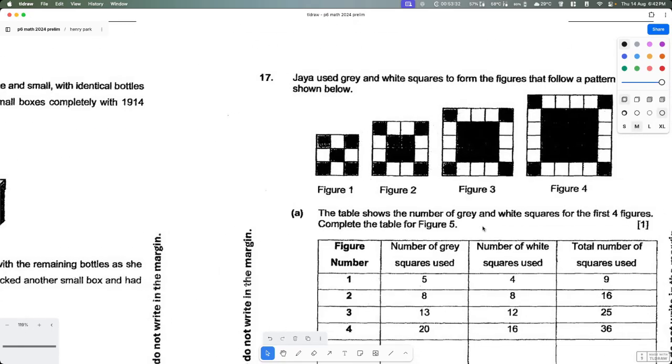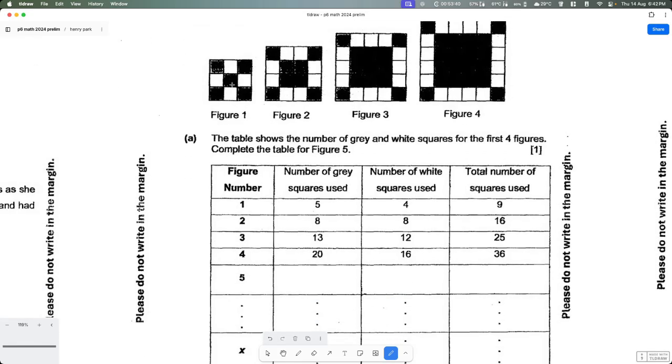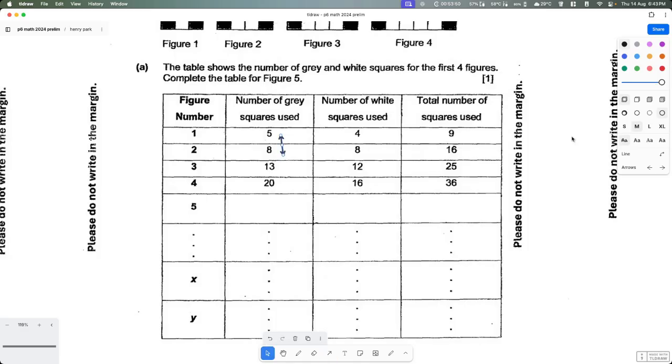All right, let's move on to the last question, question 17. It says here, Jaya used gray and white squares to form the figure that follow pattern as shown below. Let's see the patterns. I will just put the plus sign. 5 to 8 is 3, 8 to 13 is 5, and 13 to 20 is 7.